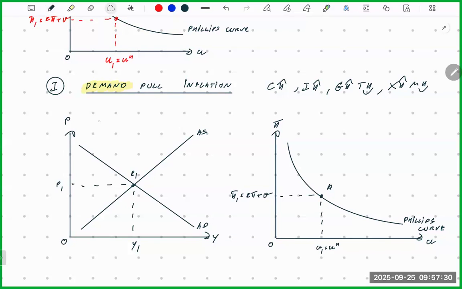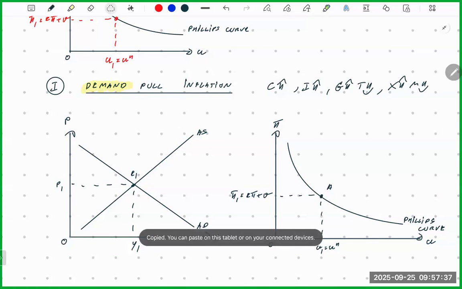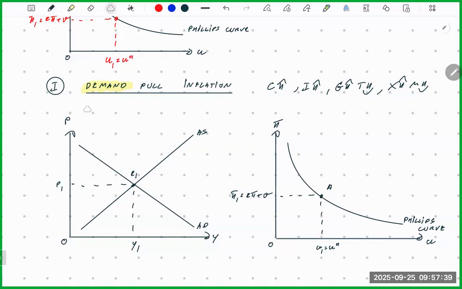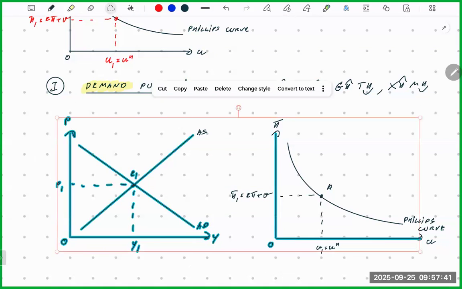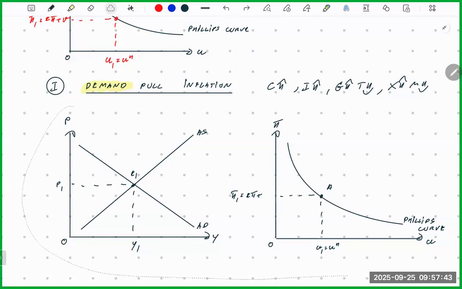So I'm going to copy this one, and we're going to use this again in the other case.